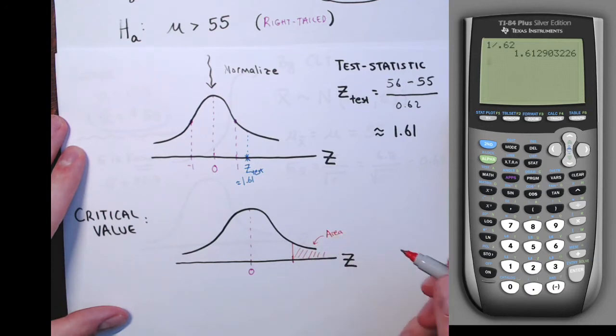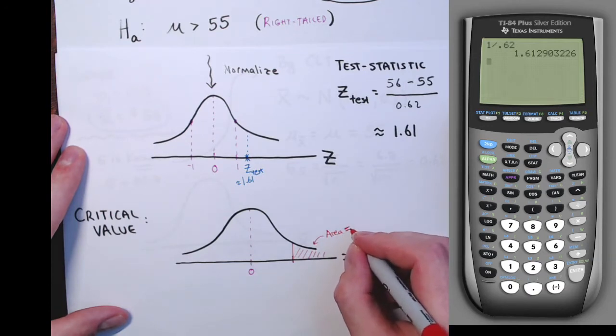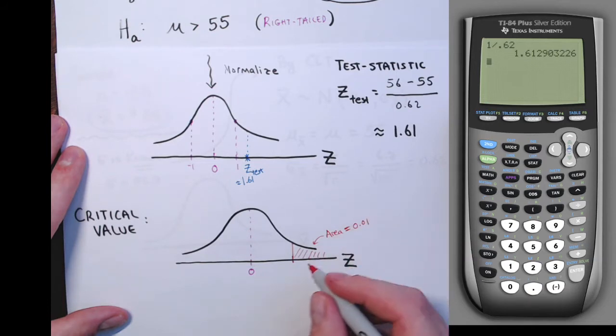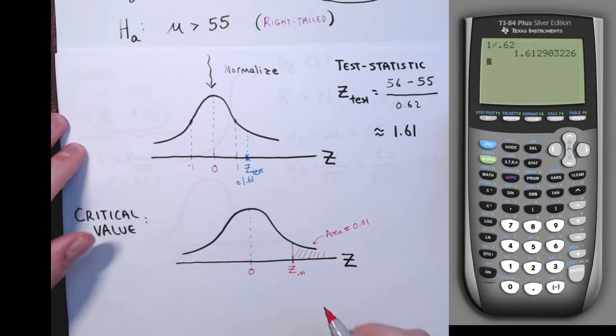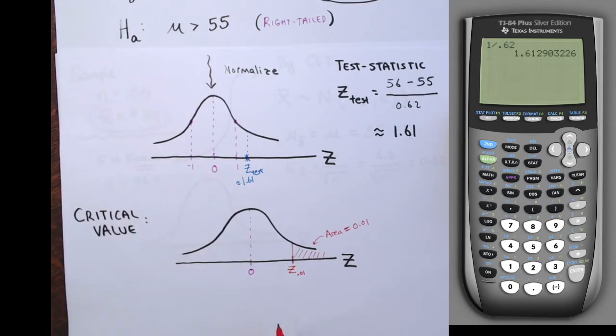It's a right-tailed test, area equals 1%. The way they label that, the z-score with 1% above it, is z with a subscript of 0.01. Remember the little z-scores with the subscripts. That's the z-score with an area of 1% above it.